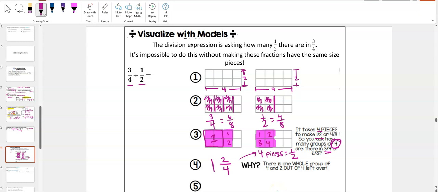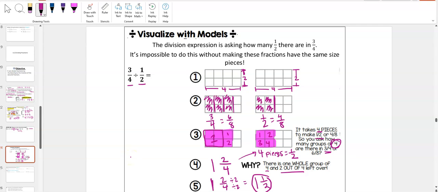So one whole group of 4 and 2 out of 4 left over. That's what we've got. And then we're just going to simplify. We've got our 1 and our 2/4, which we divide by the GCF of 2 to get 1 and 1/2. So there are 1.5 groups of 1/2 in 3/4.